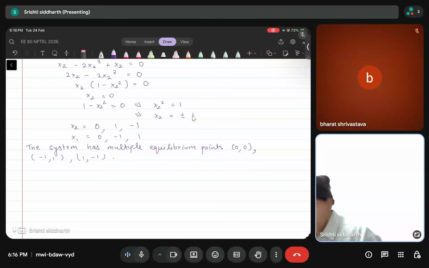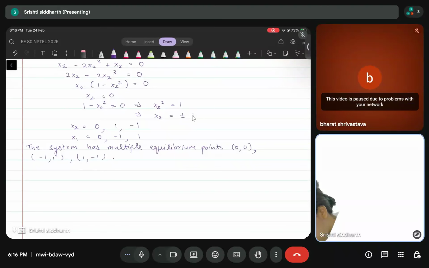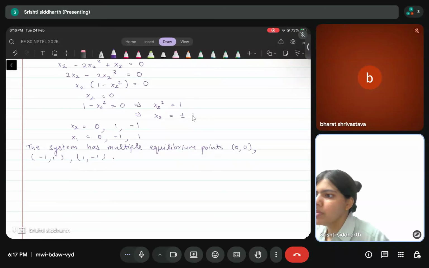determining positive and negative definiteness of two functions. So let's recall the definitions before we move on to the question.